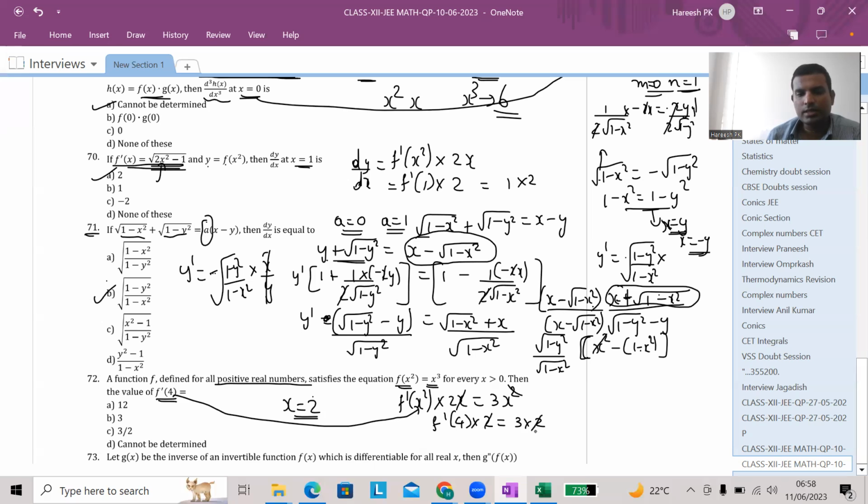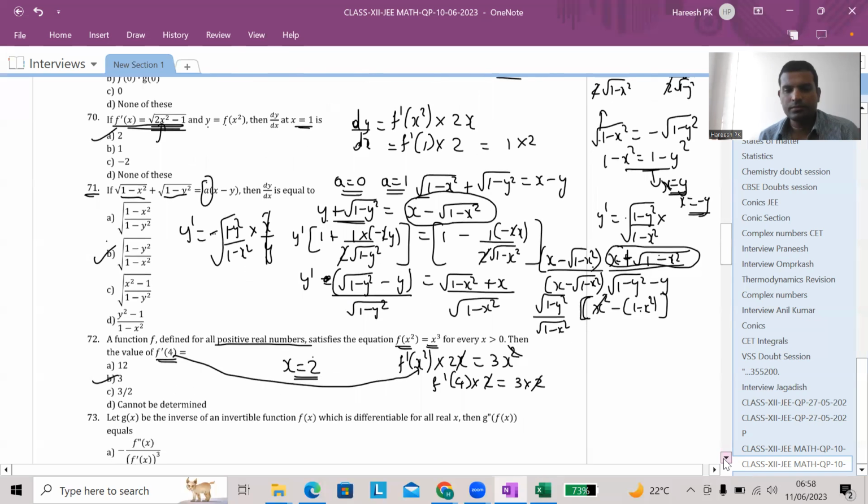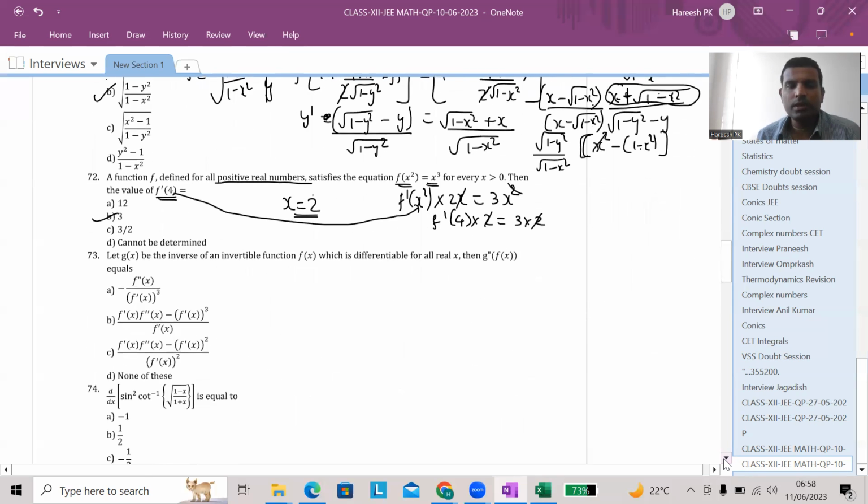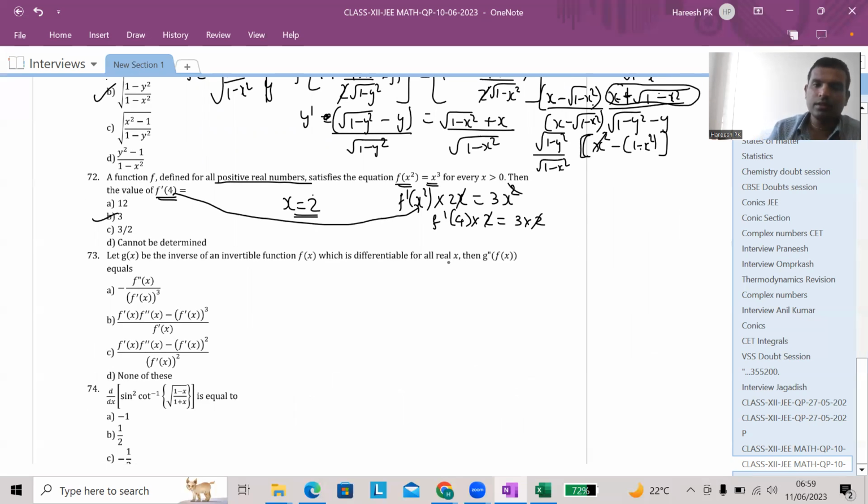So 2 gets cancelled and f dash 4 will be 3. We move on to the next question. The bottom line is, in case they had not mentioned x can be only positive, the answer would turn out to be cannot be determined, because x can either be +2 or -2.